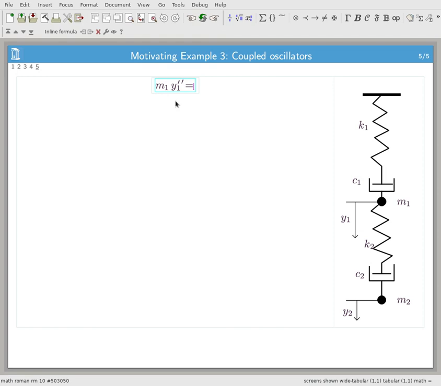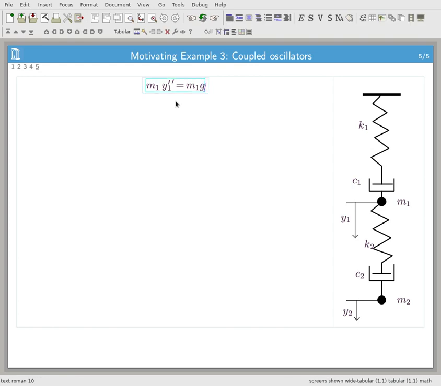Now we're going to be taking a downward pointing y-axis, so the forces that have to be considered are as follows. Let's assume that there is some gravitational acceleration. That gravitational acceleration is going to be m1g. That's the gravitational force that acts upon this. After that, we will have the following forces.